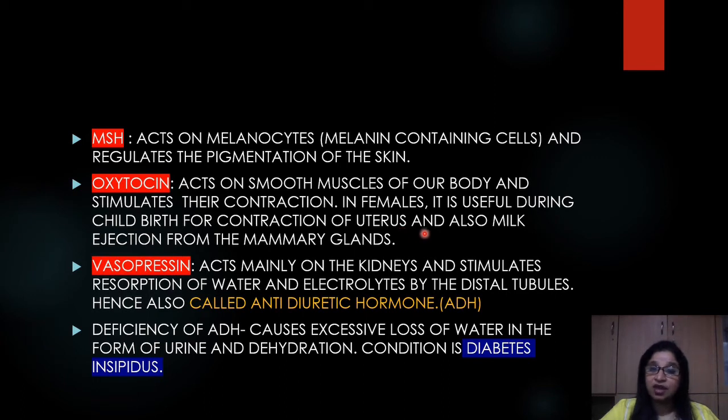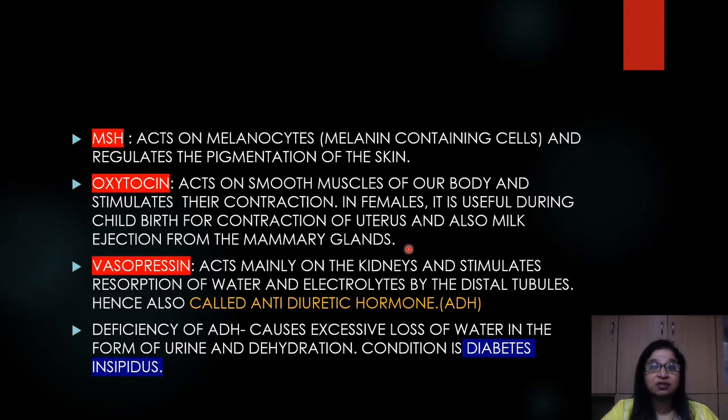And after the delivery, this oxytocin also acts on the smooth muscles of the mammary glands for milk ejection from the mammary glands. Another important fact about oxytocin is that it plays a very important role in triggering the emotional feelings in a mother post childbirth.